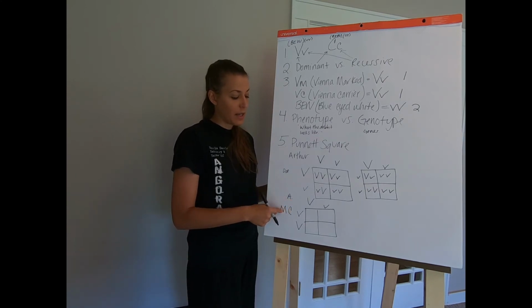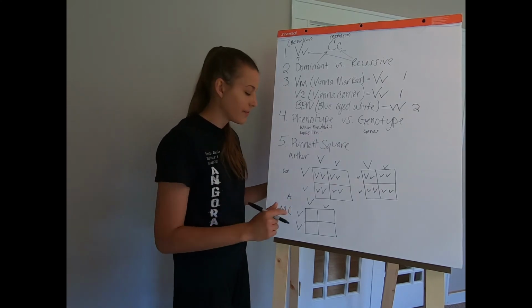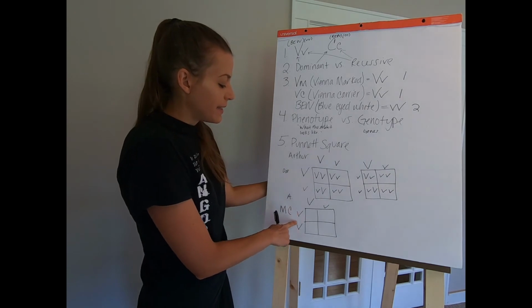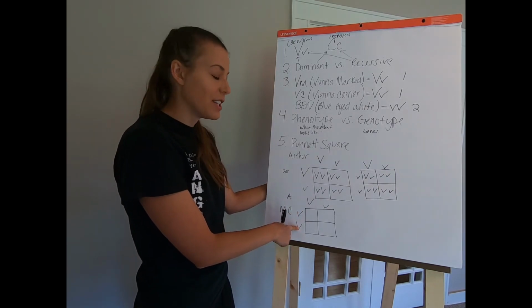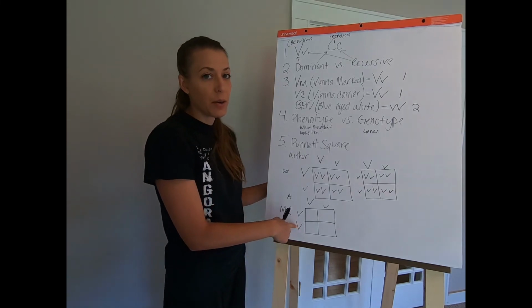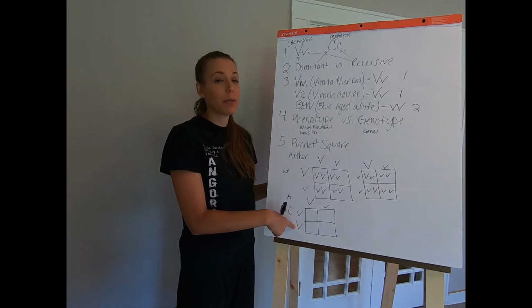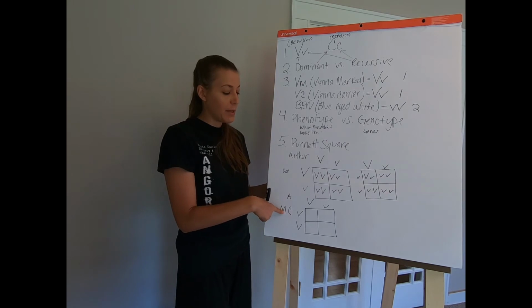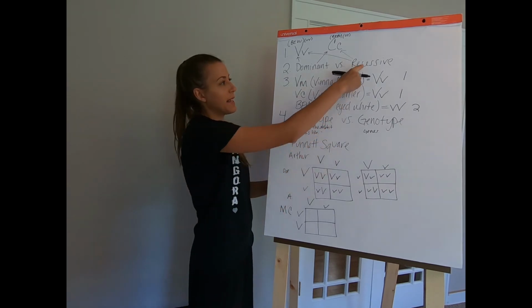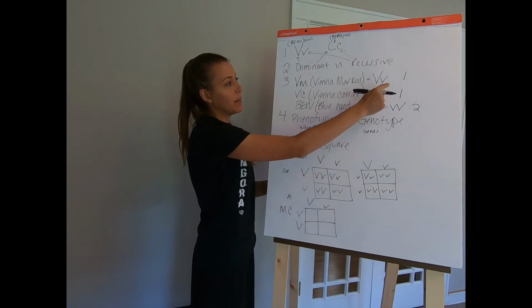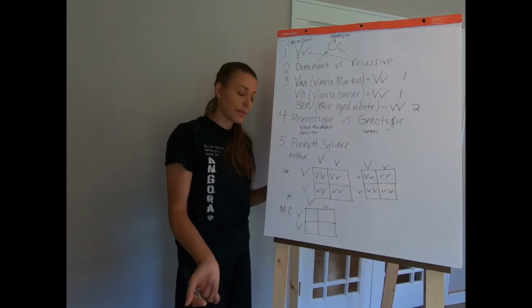Each parent provides 1 gene. If we see that Mariah Carey doesn't carry any of the recessive Vienna genes, we automatically know there's no way we can get a blue-eyed white out of this breeding, because there's no way for Mariah Carey to give that recessive small v. She doesn't carry it.